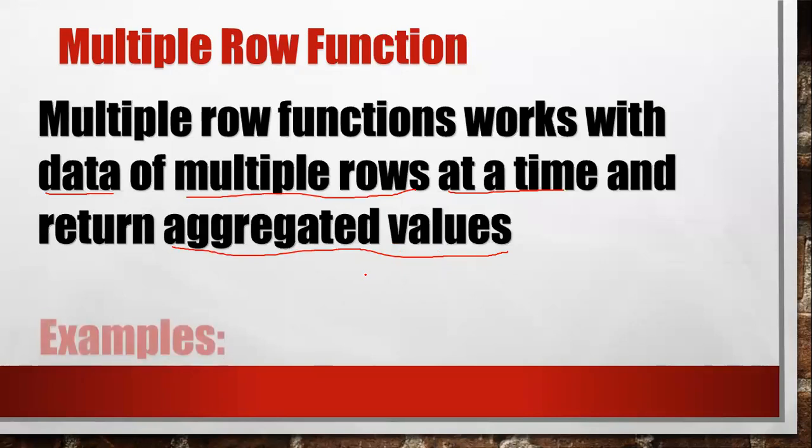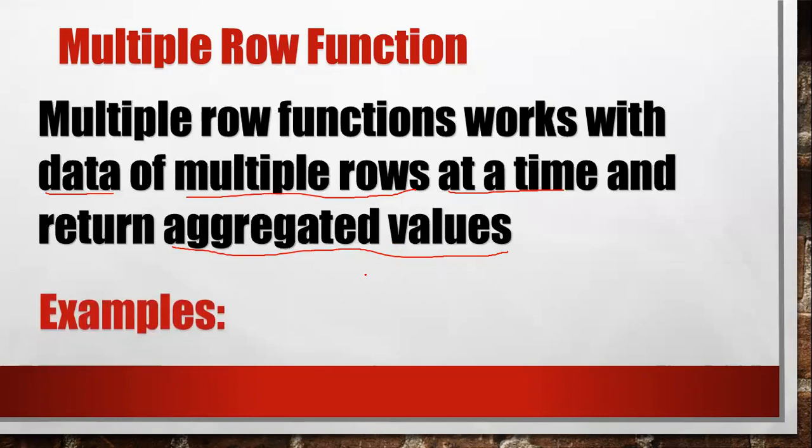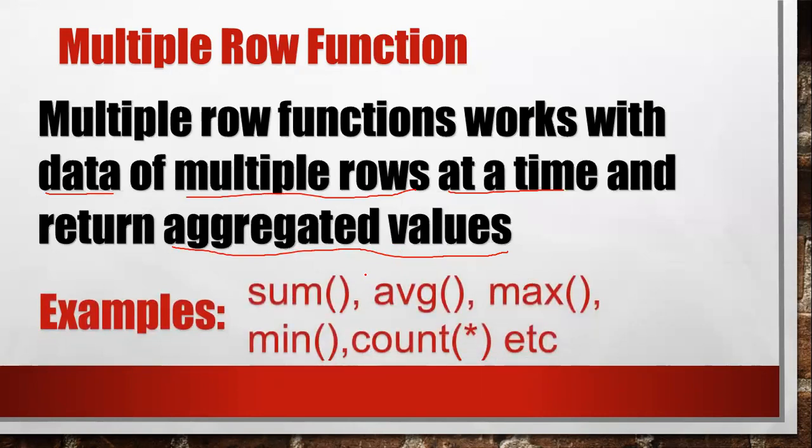Examples of multiple row functions are sum, avg, max, min, count star. We have already studied all these functions under the aggregate functions category. There are many more functions in the aggregate function category, but as per our syllabus we have only these 5 with us.